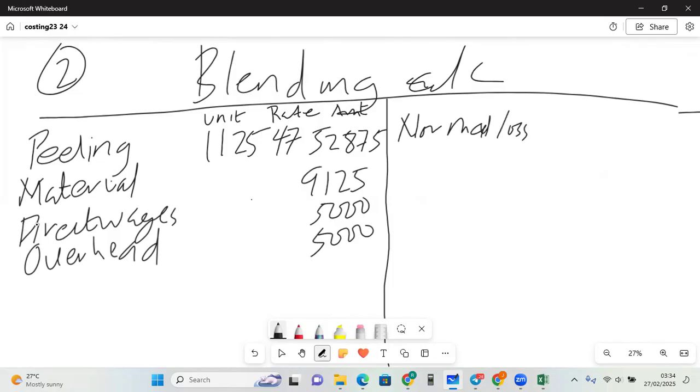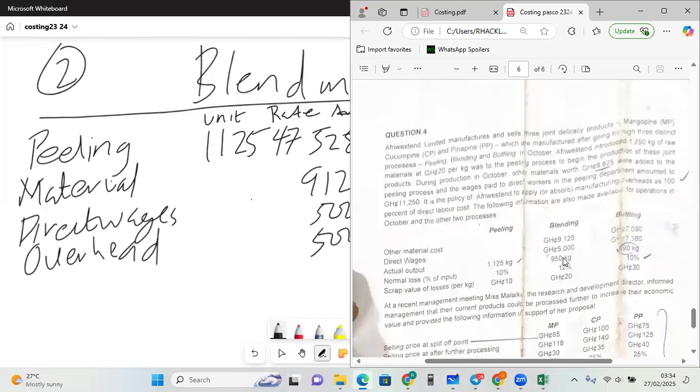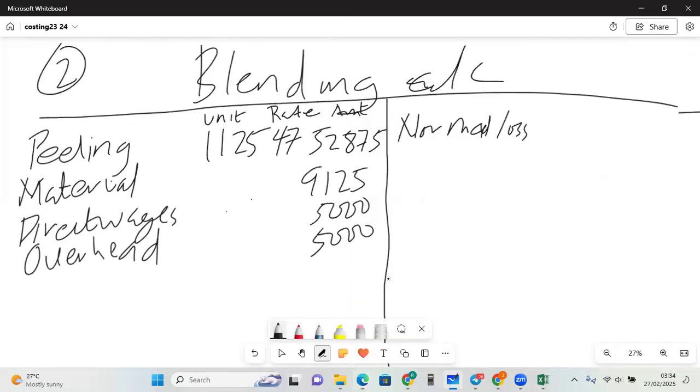So normal loss for this particular process is 12%. So 12% on this, 135.